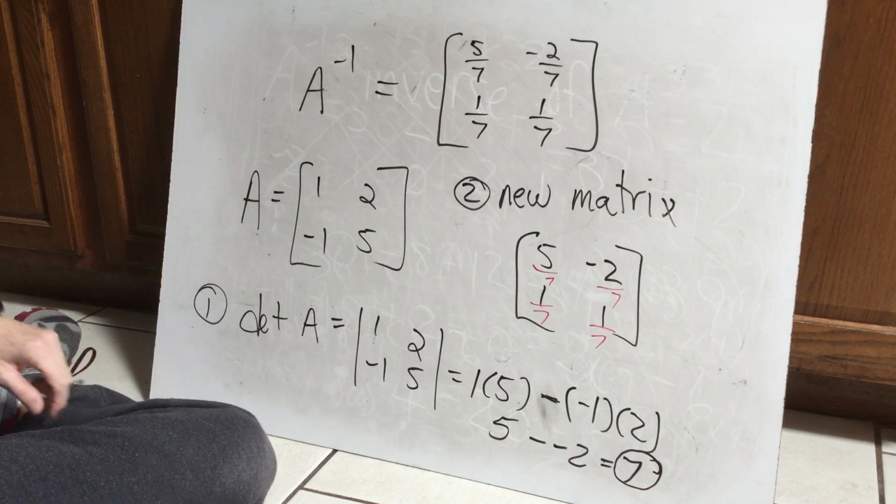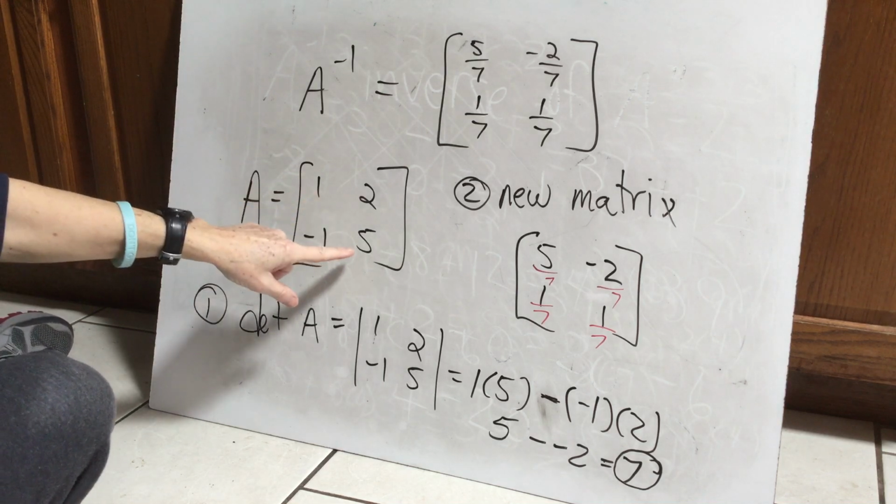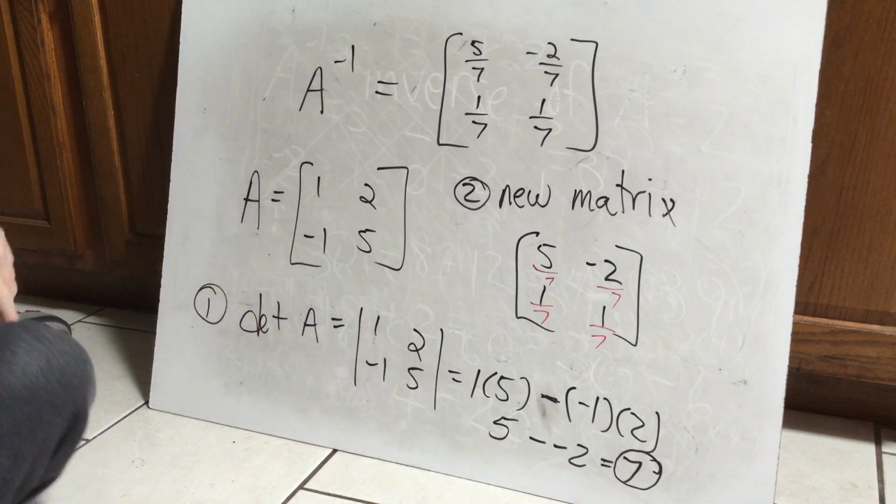It's a lot to digest, I know. Let's review the steps real quick before I erase and we do another one. The first thing we had to do was find the determinant. So we took 1 times 5, 2 times negative 1, and subtracted those, and we got 7.